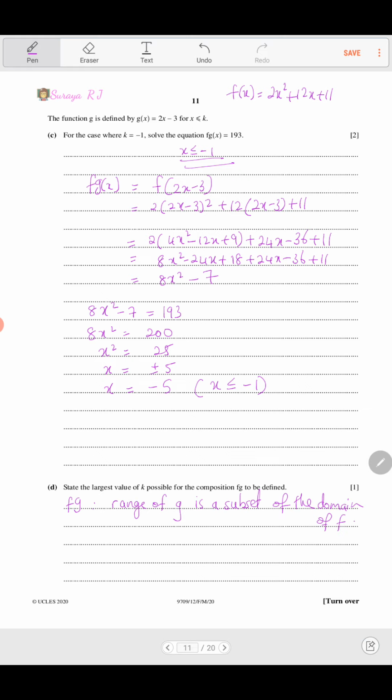So this is the condition for the composite function fg to exist. The range of g must be a subset of the domain of f.